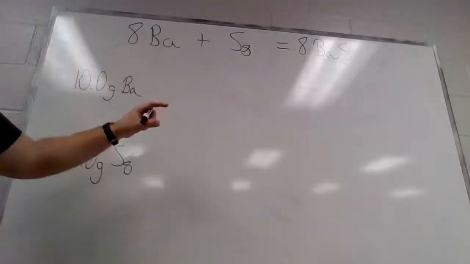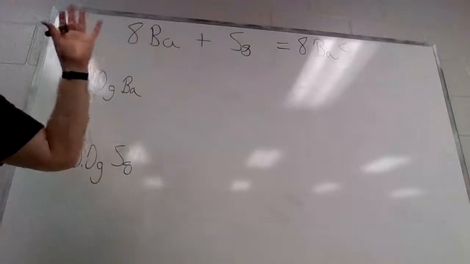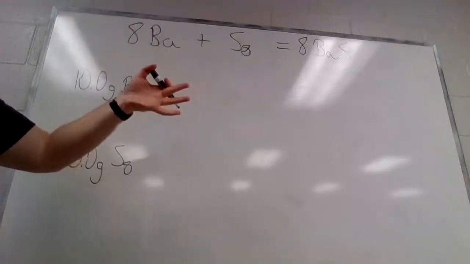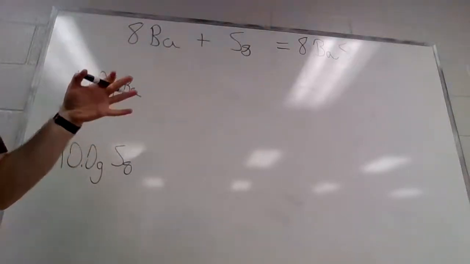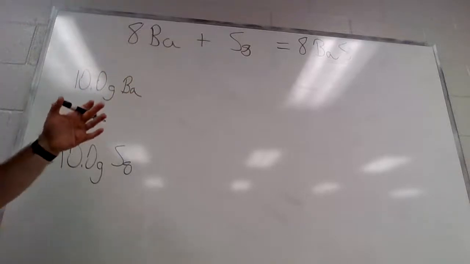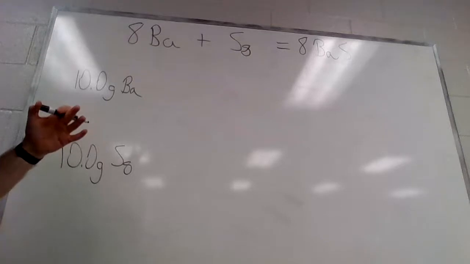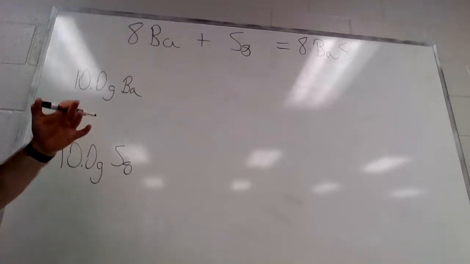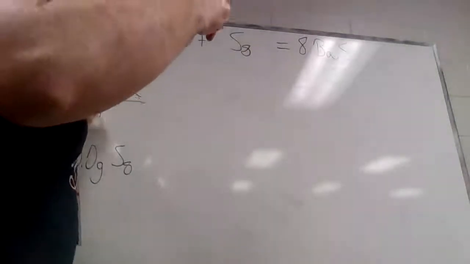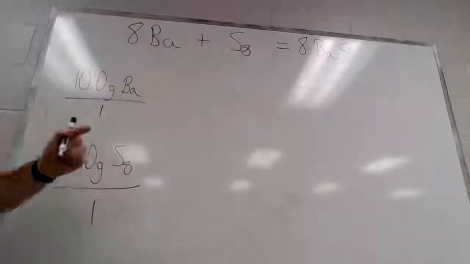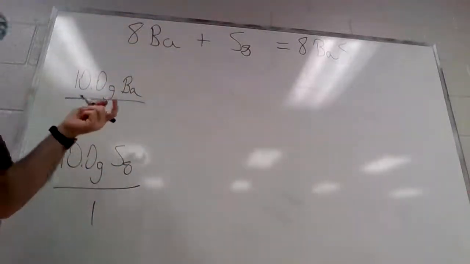So I look on my flow chart and I find grams of A and grams of B, and I see how far I need to go, right? For each of these, I got to pass 3 conversion factors, don't I? I need the molar mass at the beginning, the mole ratio in the middle, and the molar mass at the end. So when I set this up, I'm going to do both problems all the way out to the end.